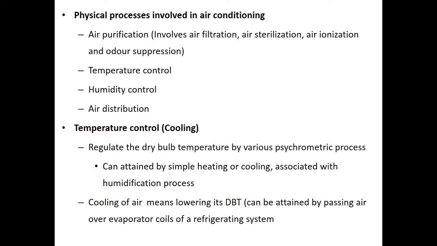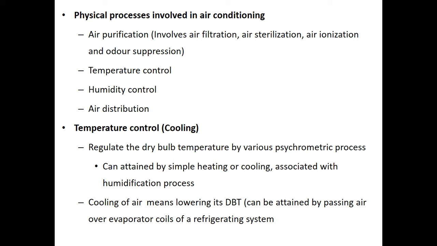And the second step, after air purification, is temperature control, or cooling. If the temperature of the environment is very high, say above 35, it is well known that the comfort temperature for the human system is nearly around 20 to 25, and you need to lower this temperature, isn't it? That's temperature control.